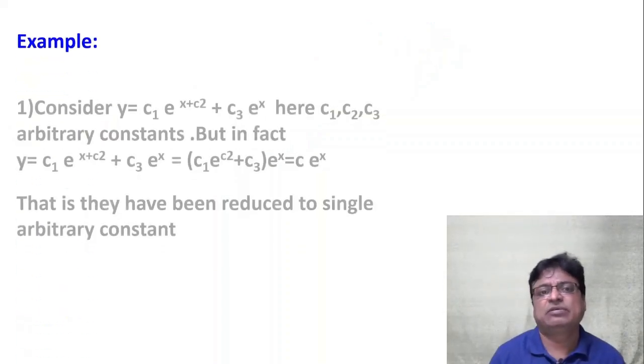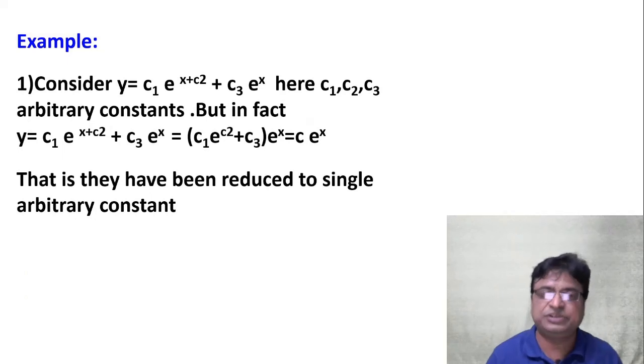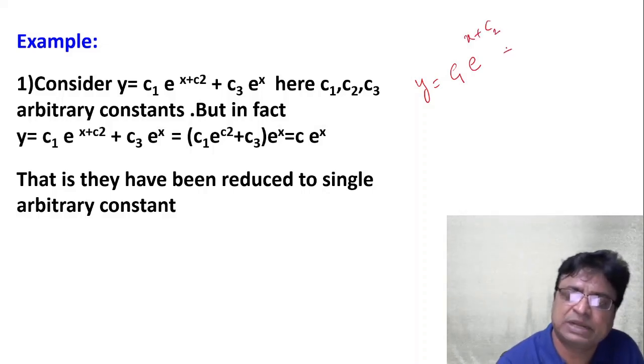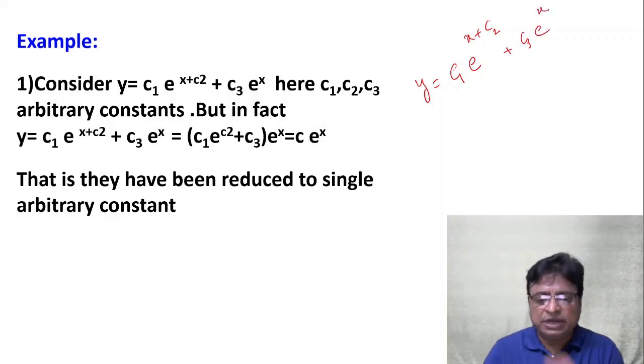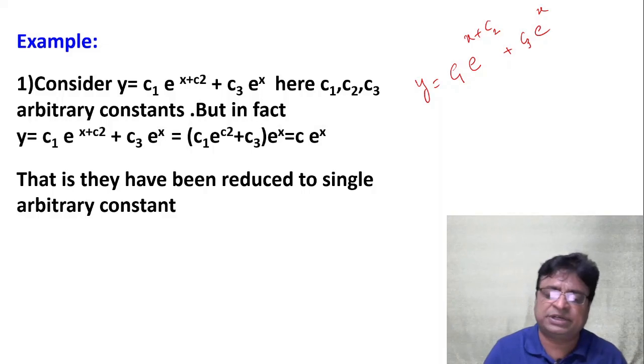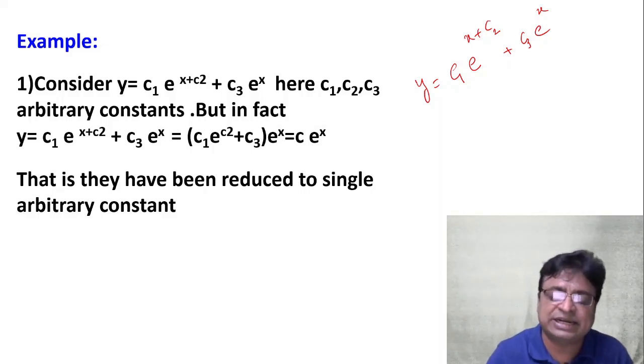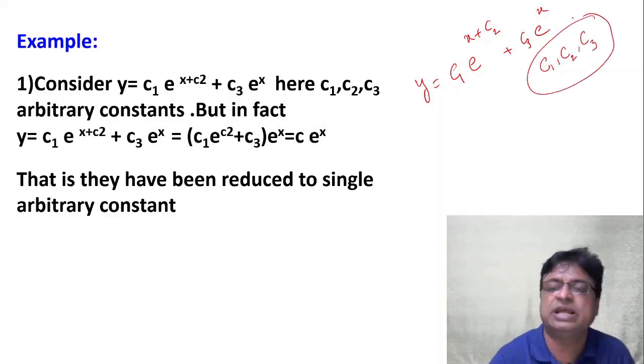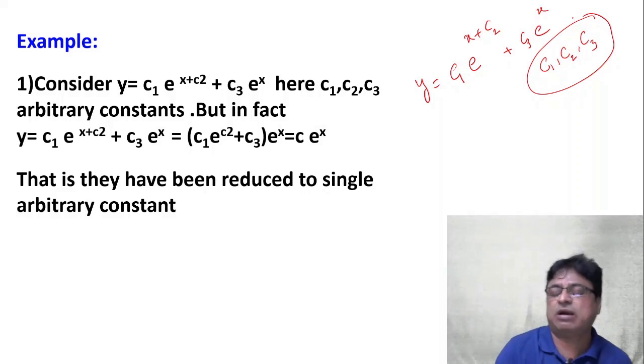Then, see, my friends, suppose this is the equation given for you: y equal to C1 e power x plus C2 plus C3 e power x. Immediately, while looking at the equation, one can understand that there are C1, C2, C3, so they will come to the conclusion that there are three arbitrary constants.